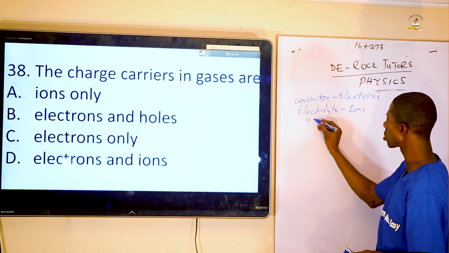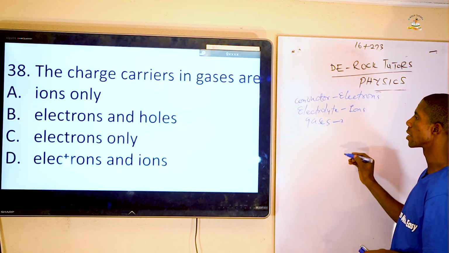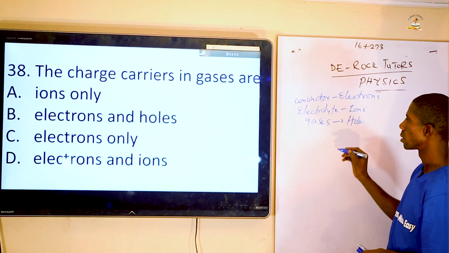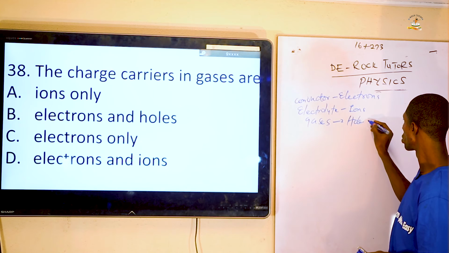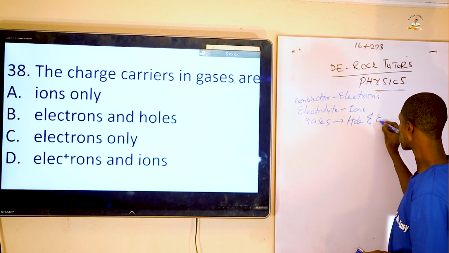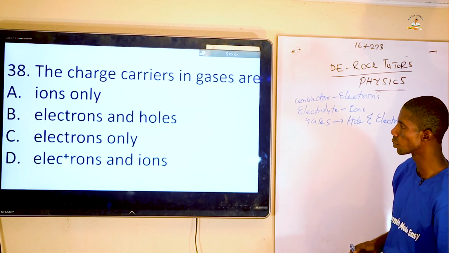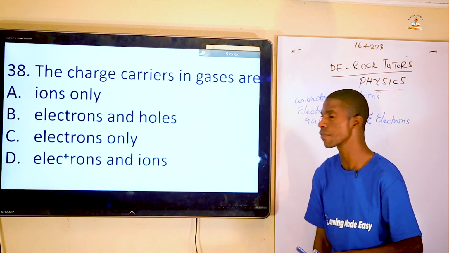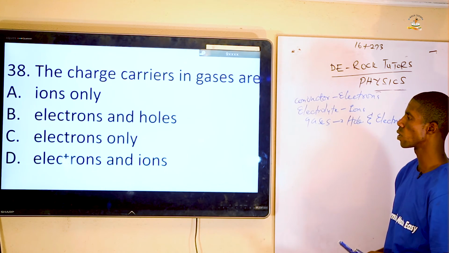Then in gas conductors, we'll be having holes. So we discover that we have electrons and holes. Which gives us option what now? That is option B. So we have electrons and holes. So next question.